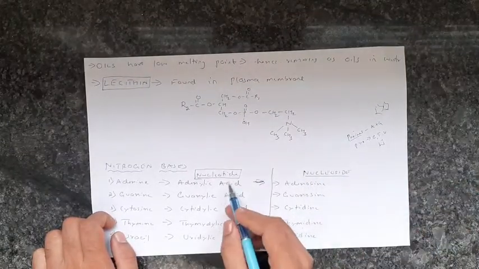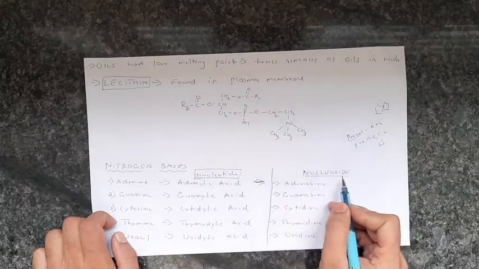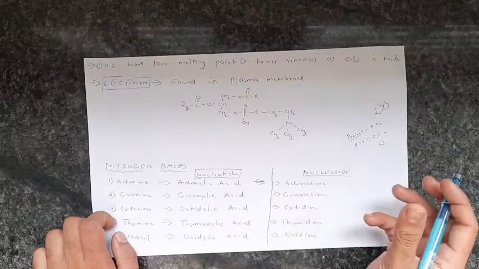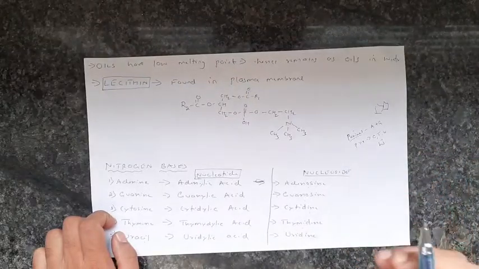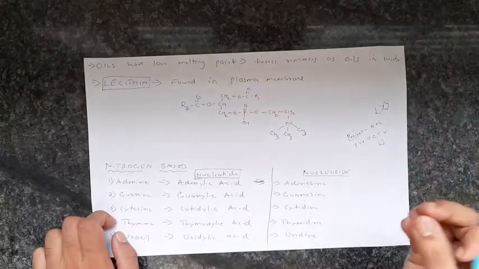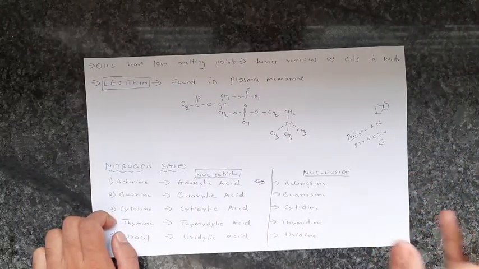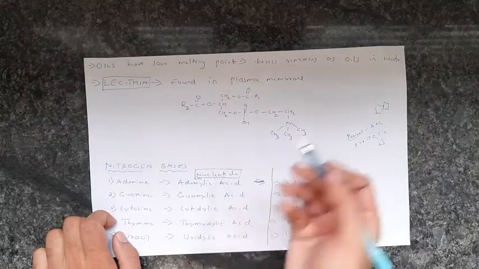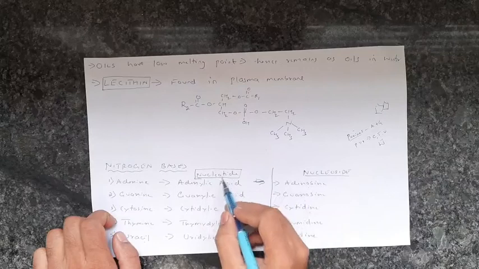You know about it. What is nucleotide? When the nucleoside is attached to a phosphate group or phosphoric acid. Remember, phosphoric acid gives acidic character to the DNA or RNA, and it also gives negative charge to the DNA. When nucleoside binds to the phosphate group, it makes a structure called nucleotide.